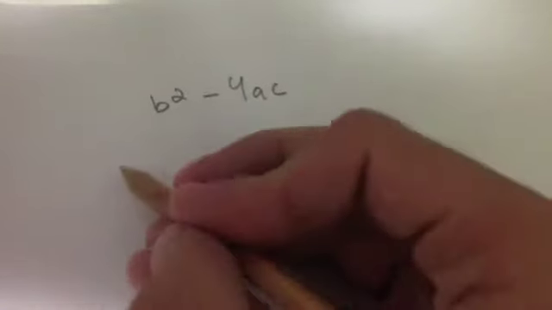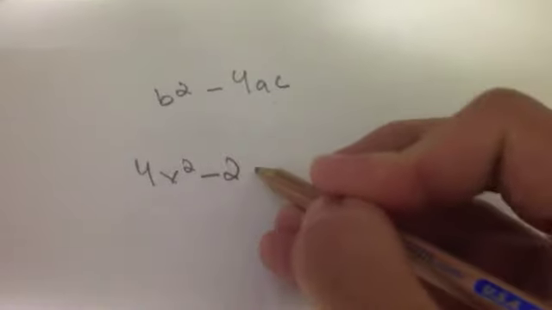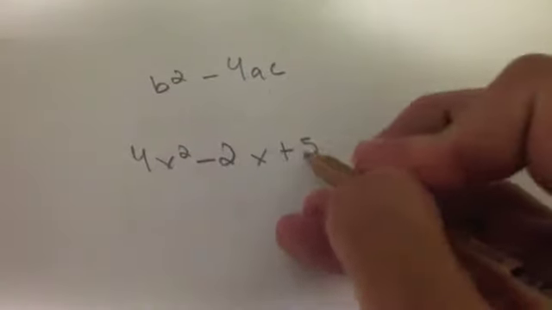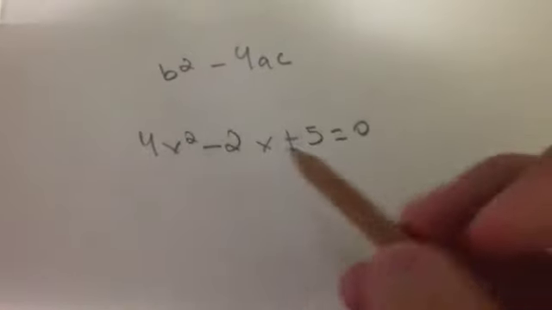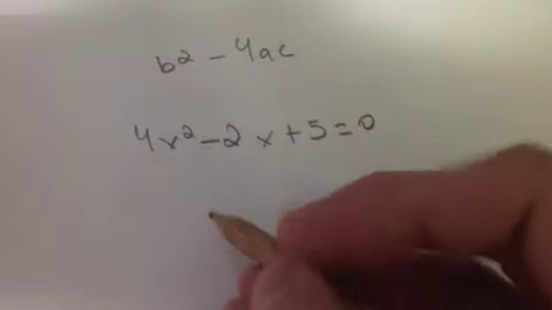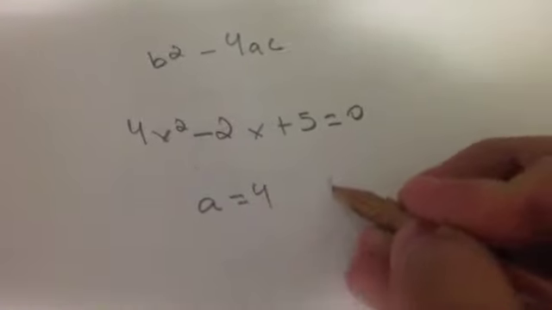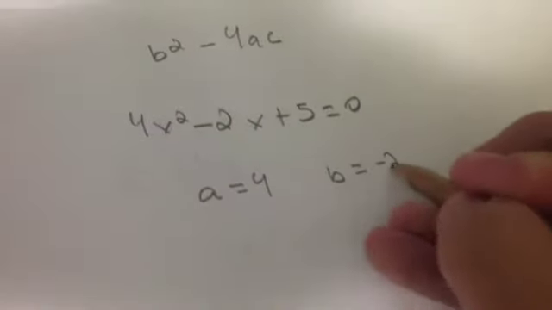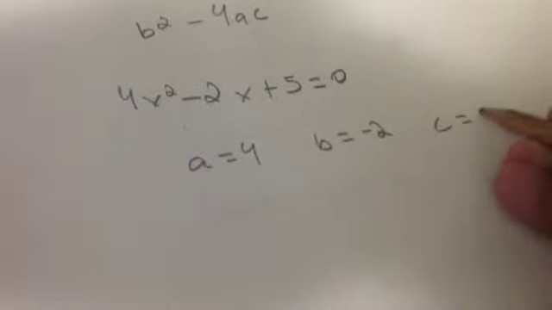And my equation is going to be 4x squared minus 2x plus 5 equals 0. To make this better in understanding, b equals negative 2, a equals 4, and c equals 5.